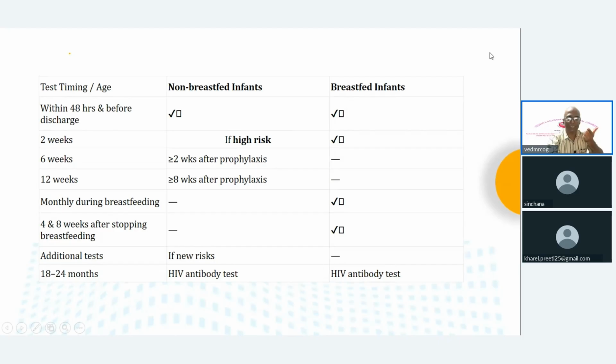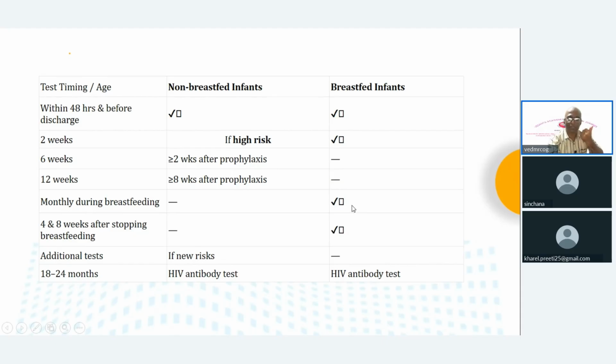But if it is a breastfed infant, in that case you have to test once at 48 hours. Second, at 2 weeks; here 2 weeks is done only if the baby is high risk. Then you will test monthly for the duration of the breastfeeding.